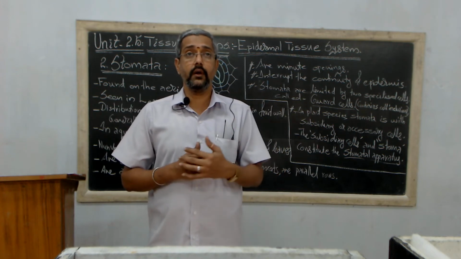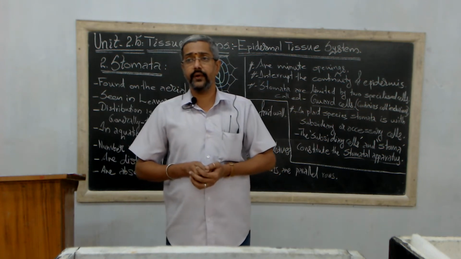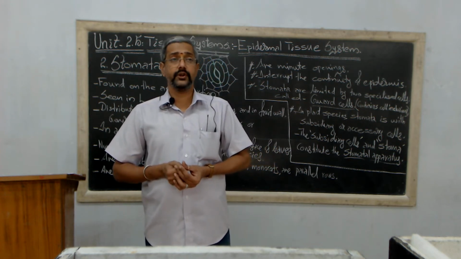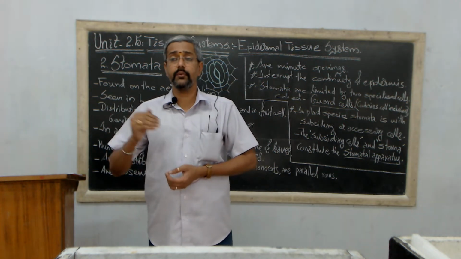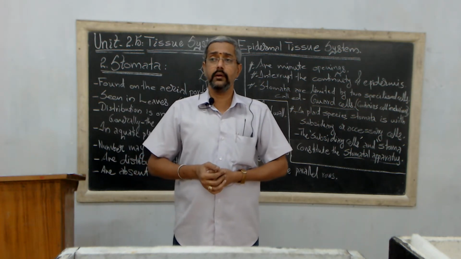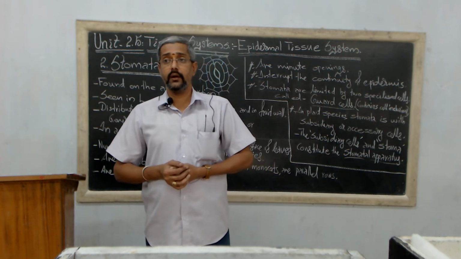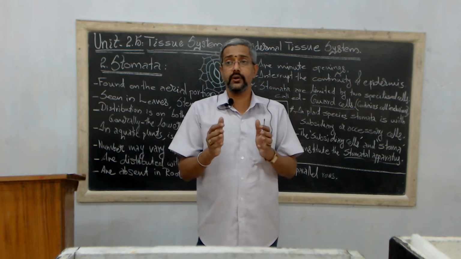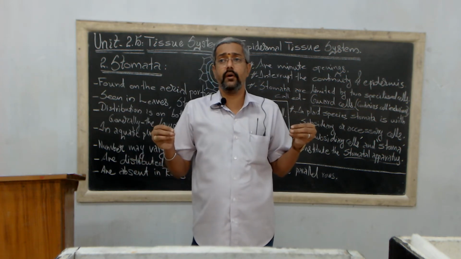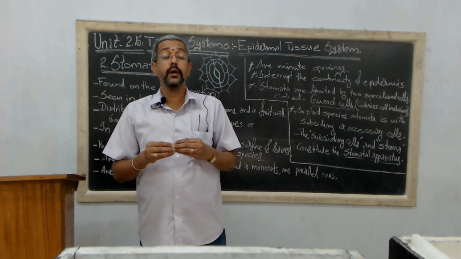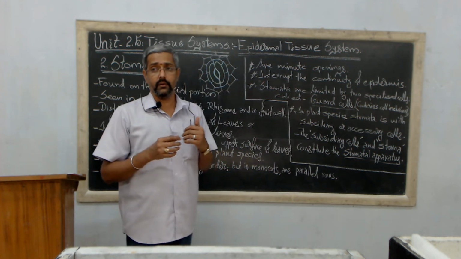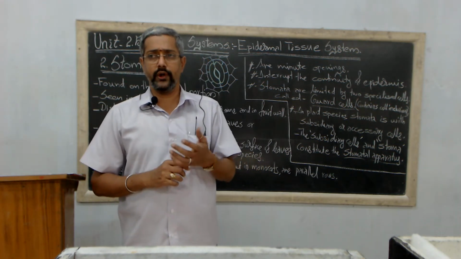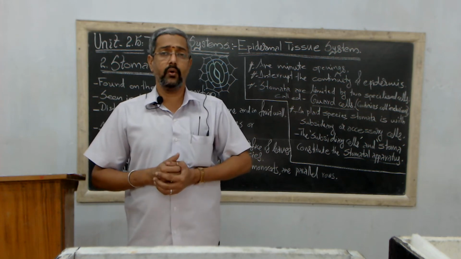It originates from the modification of an epidermal cell, is seen in the same layer of epidermal cells, and breaks the continuous nature of the epidermal cells in the periphery of the plant. So that is an introduction, and we can recollect what stomata are and how they are seen.